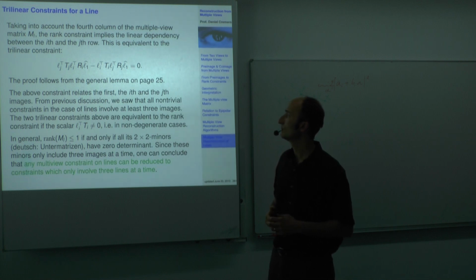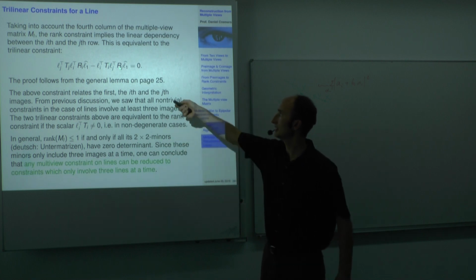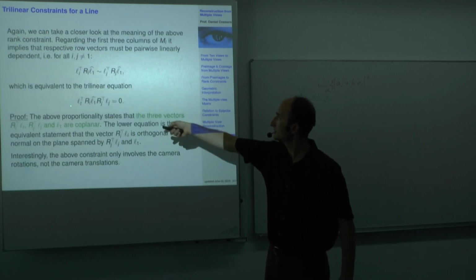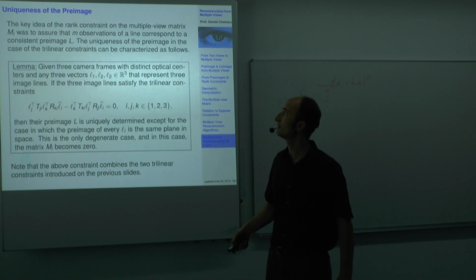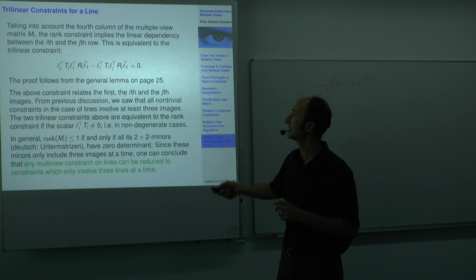And in fact, what you can show, I don't show it here, is that the two trilinear constraints, this one and this one, are actually equivalent to this multiview rank constraint. So they contain all the information that you need.